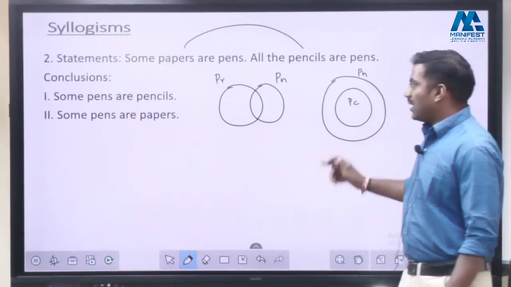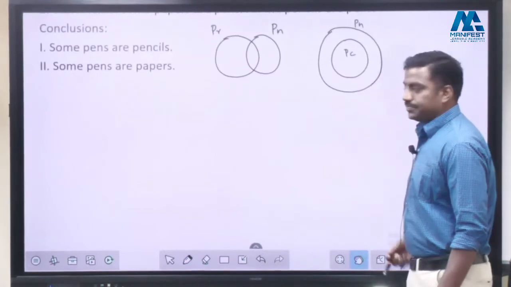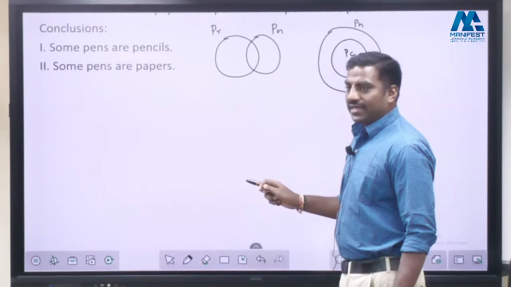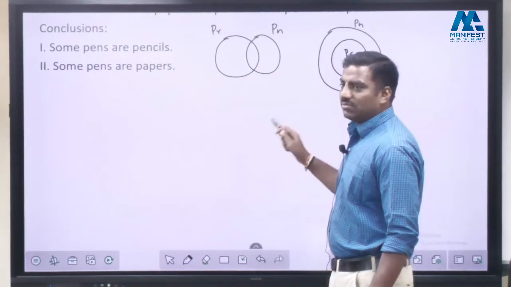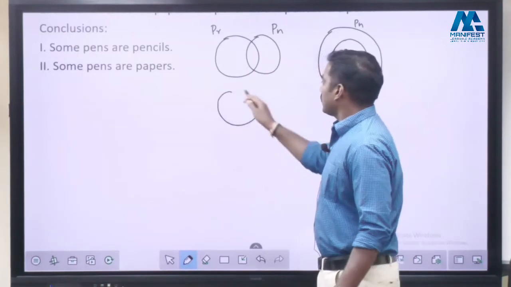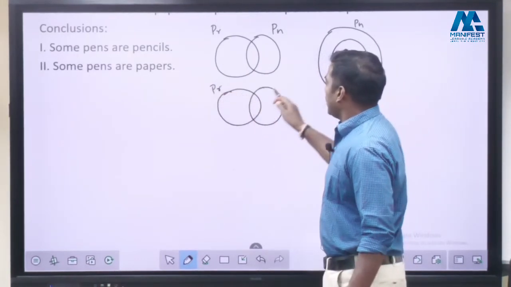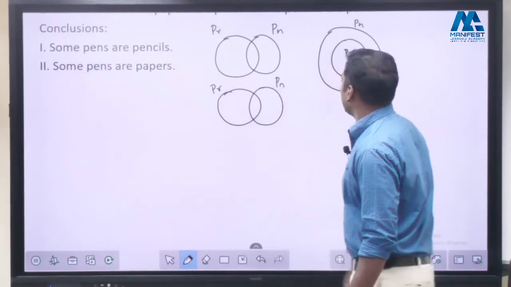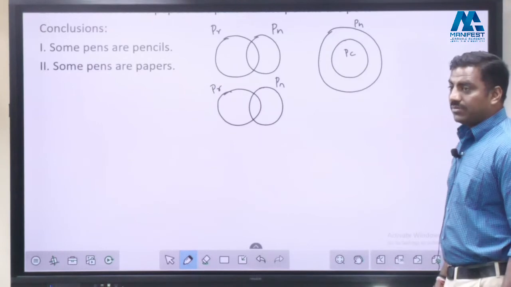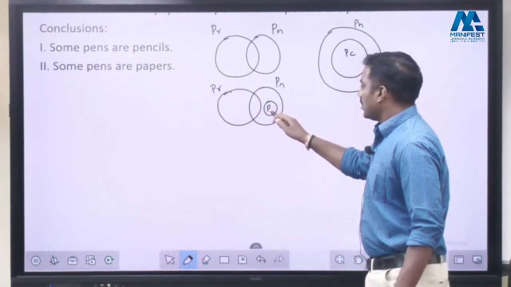Now, we have to club the diagram. Let us try to imagine the situations. You have to keep one of the diagrams intact. So, I'll take this diagram as intact. Here PR and here PN. Now, I have to write PC. Where all can I write PC? Inside PN. This is one chance.